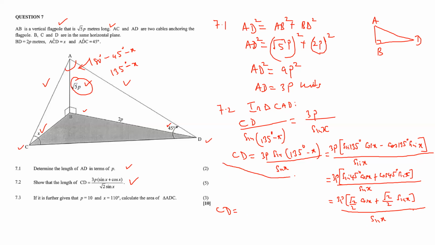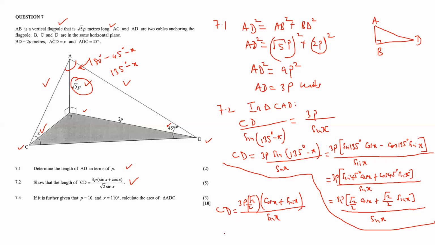So what does it yield now? It yields CD, which is 3P, and then you can pull out the square root of 2 over 2 as a common factor, leaving us with cosine X plus the trigonometric sine of X, all divided by the trigonometric sine of X.